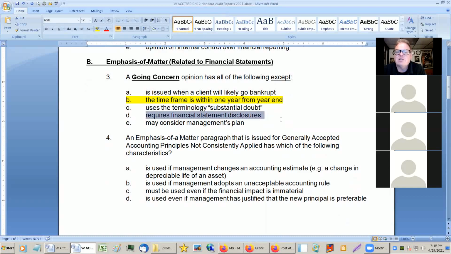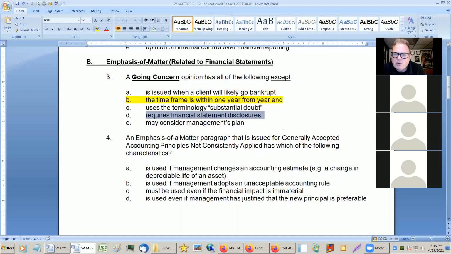It requires financial statement disclosures. And here's another thing. When you determine that the company is a going concern issue, you will insist that they put that in the footnotes. So they will have in the footnotes that there's substantial doubt about them functioning as a going concern.